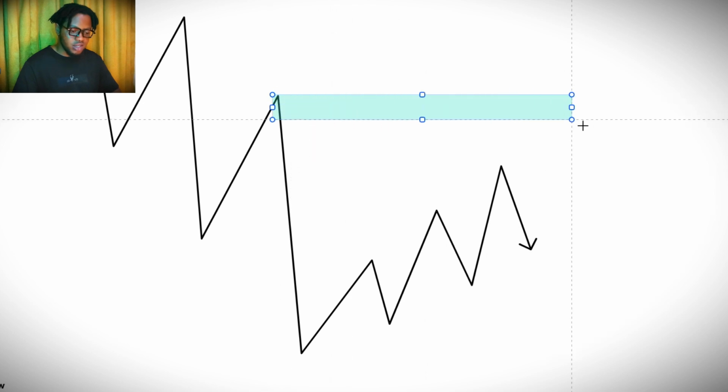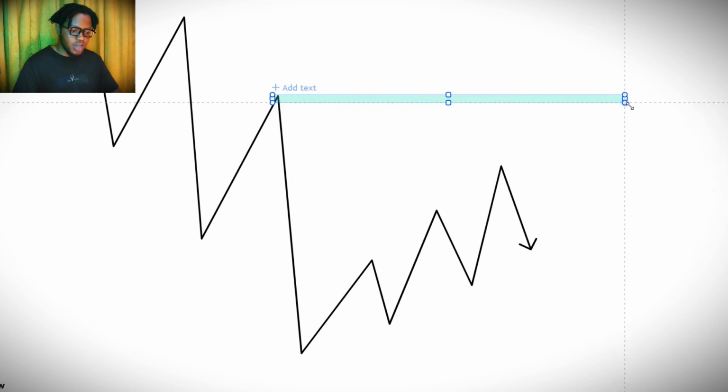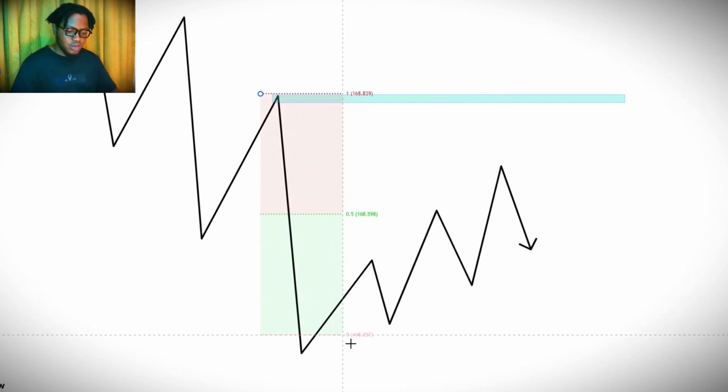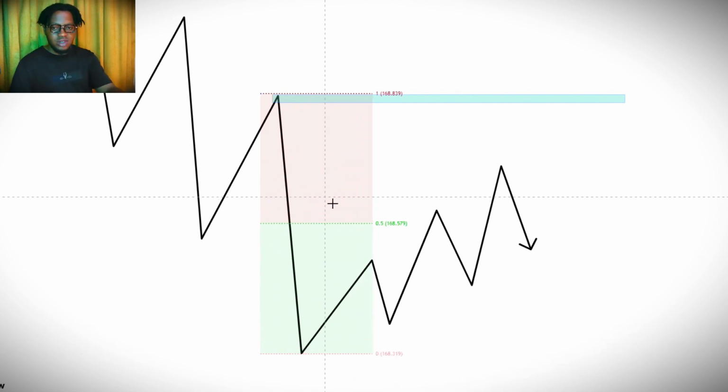There can be other blocks here also, or a fair value gap, whatever, but we all know that generally this is your supply zone. And you might as well take out your premium and discount, and clearly this is your discount.